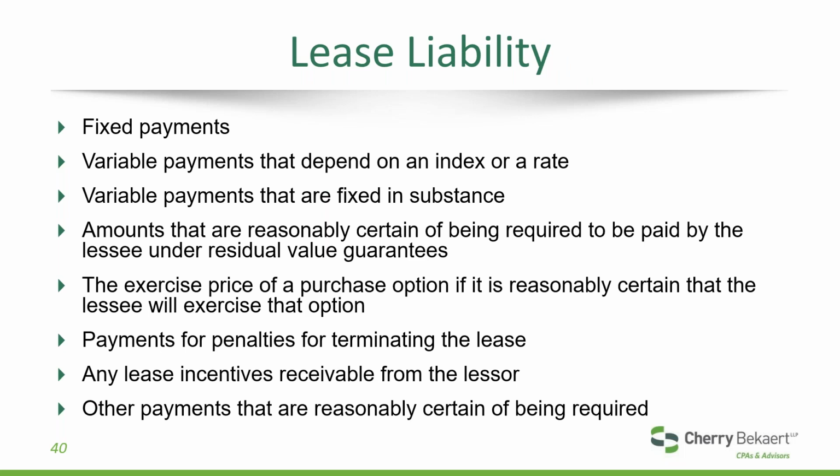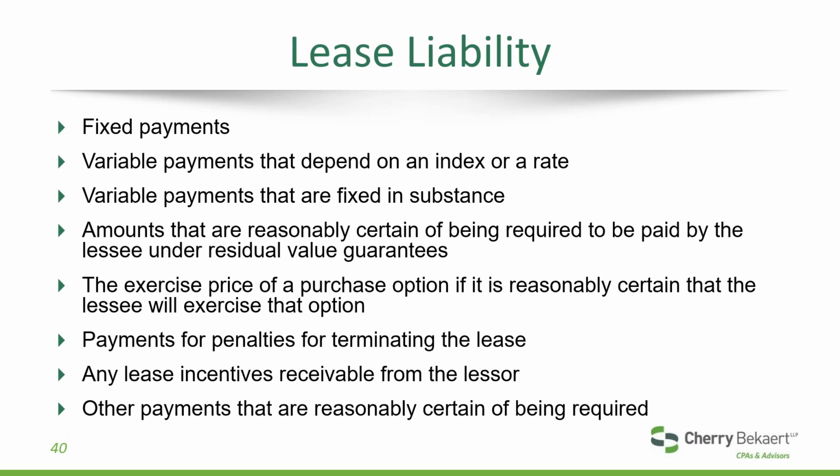The initial measurement of the lease liability should include fixed payments, variable payments that depend on an index or rate, or which are fixed in substance, amounts that are reasonably certain of being required to be paid by the lessee, the exercise price of a purchase option, if it's reasonably certain the lessee will exercise the option, payments for penalties for terminating the lease, if the lease term provides the lessee the option to terminate or includes a fiscal funding clause, and any incentives receivable from the lessor.